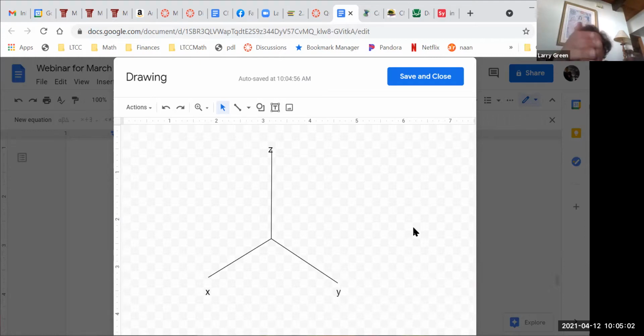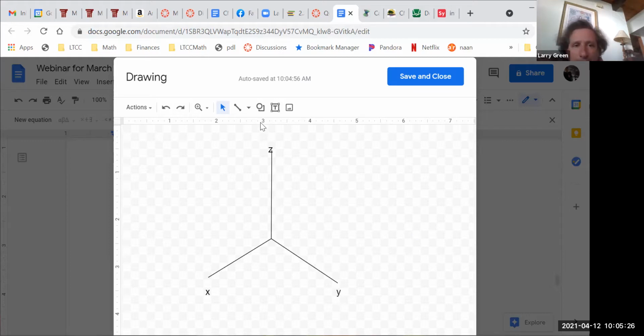If you take your right hand and you grab the Z-axis with your thumb, as you curl from X to Y, your thumb always has to point to the positive Z-axis. That's called the right-hand rule.